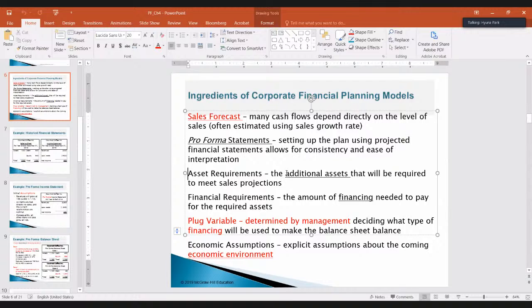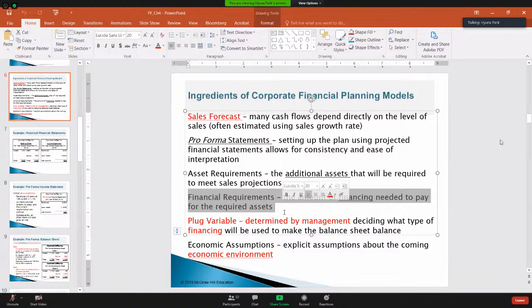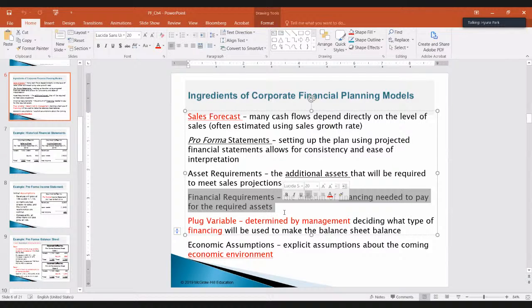Additional assets will need to be identified, and how much money is needed to secure them. That should be a part of the planning. After identifying required assets and how much money, where does the money come from? That's about the financing decision.